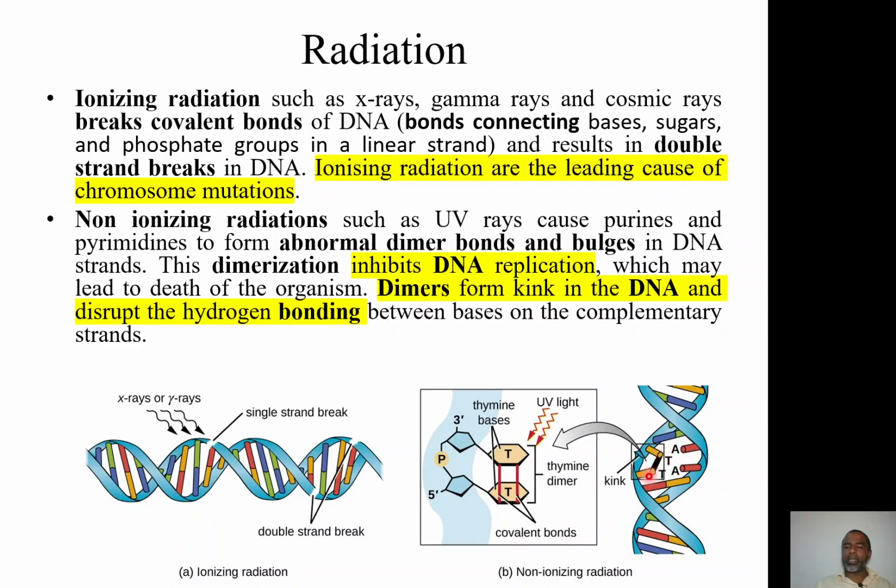So, here the dimer is formed, that is a link between bases of the same strand, which is not normal, because normally one base has to pair with the base of the opposite strand.